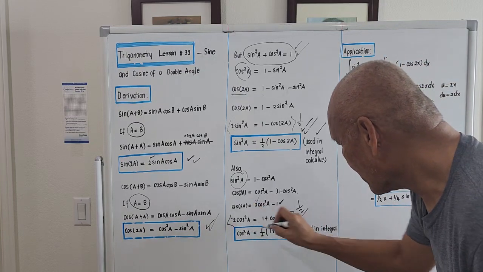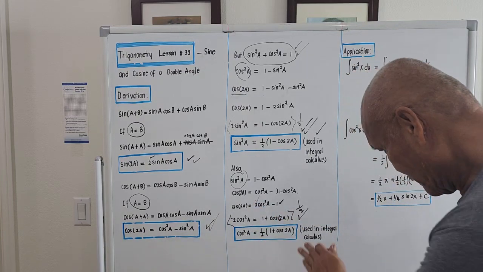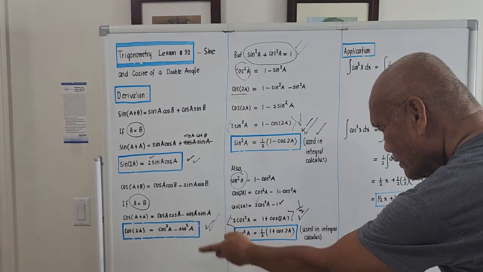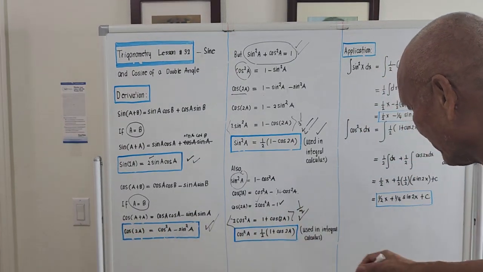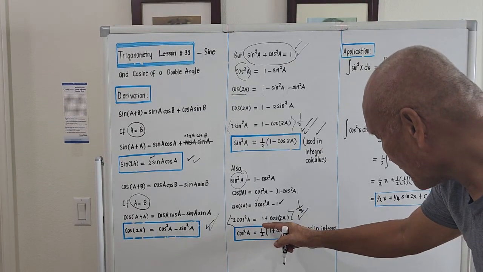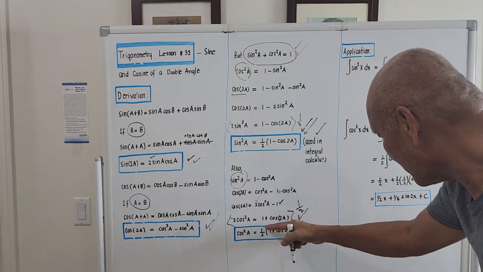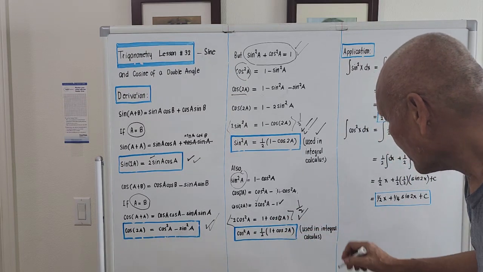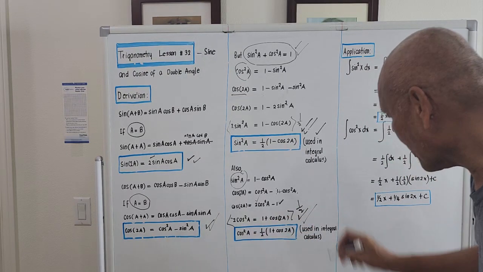So these 2 here cancel with this. The left hand side now will be cosine square of angle A equal to, the right hand side will be a factor 1/2 times the quantity, the sum of these. 1 plus cosine of twice of angle A. So this should now be formula number 4.